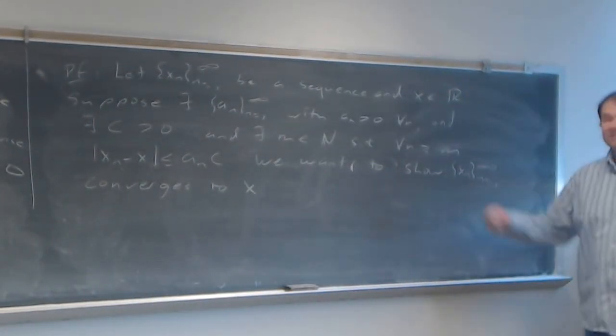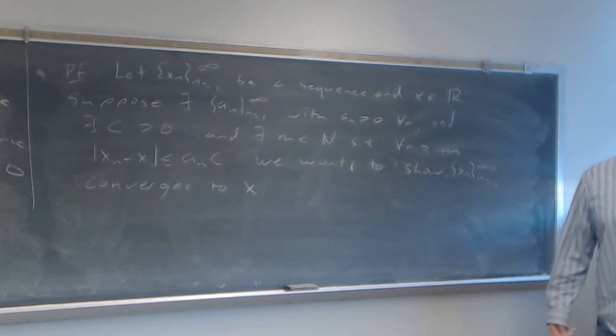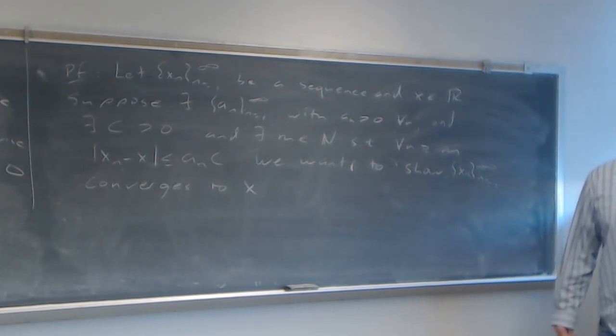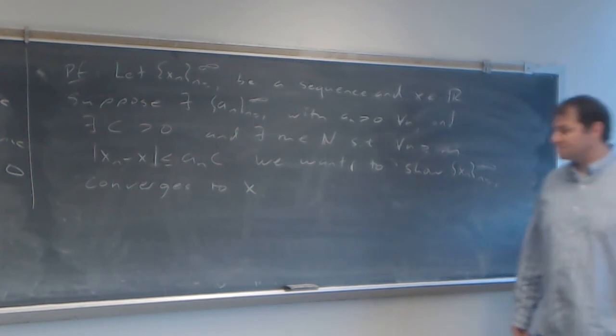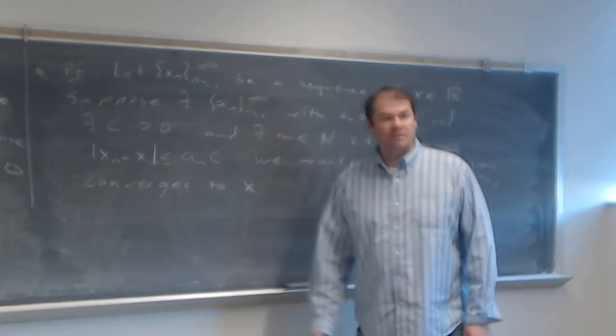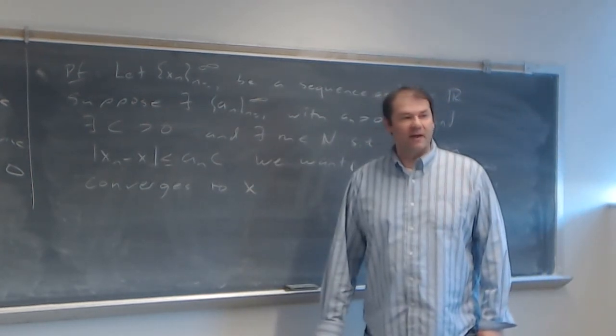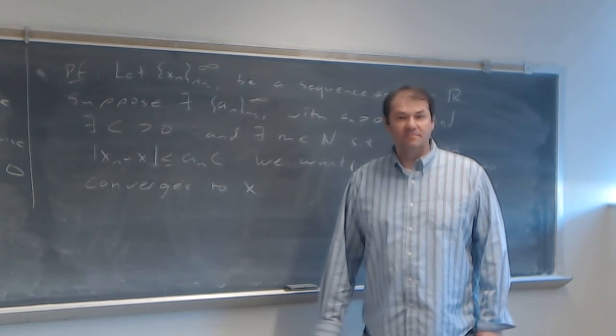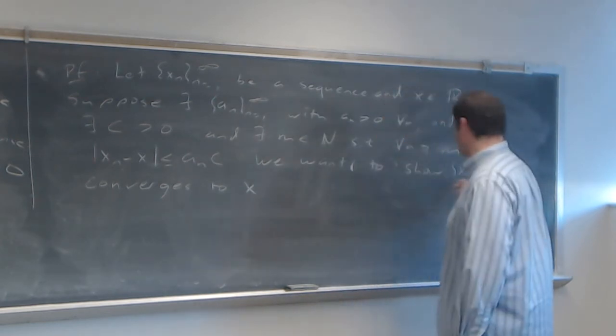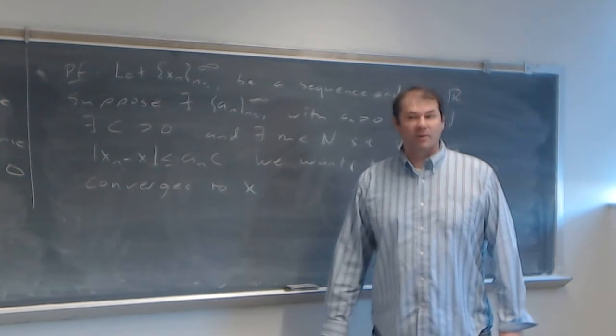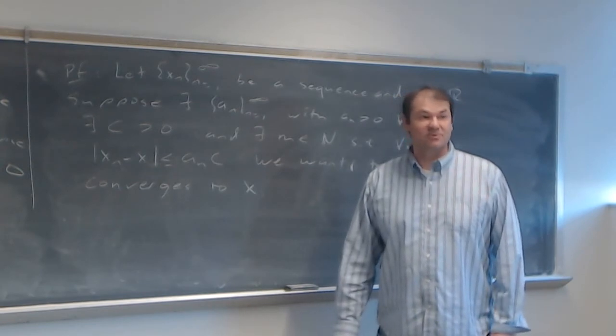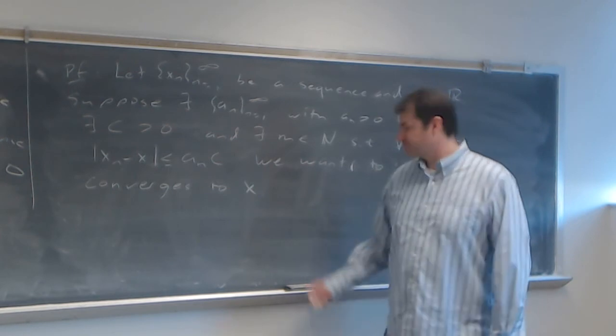I want to show x sub n converges to x. Well, we have a boilerplate setup to try to prove that. How do I show x sub n is going to converge to x? What's our proof setup? Somebody besides John. What's the first thing we say? Go ahead, Audrey.